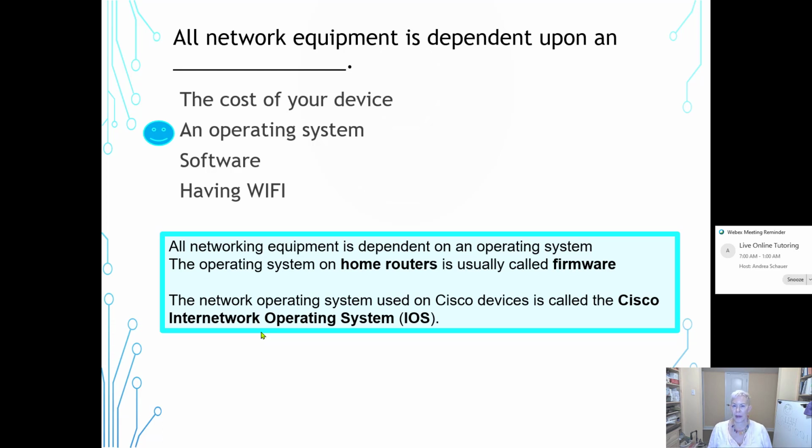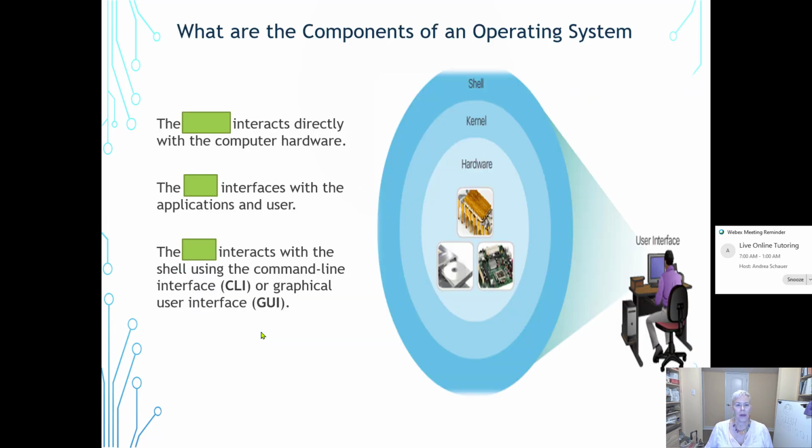If you don't put an operating system on your home computer, there's not a lot of stuff you can do with it. The network operating system used on Cisco devices is called the Cisco IOS, the Cisco Internetwork Operating System.